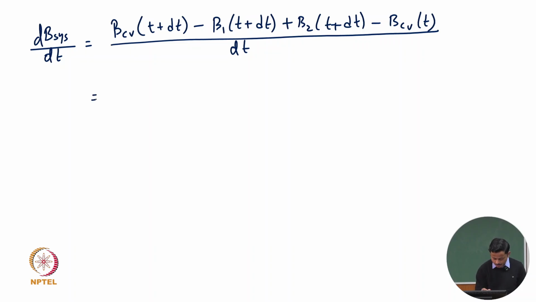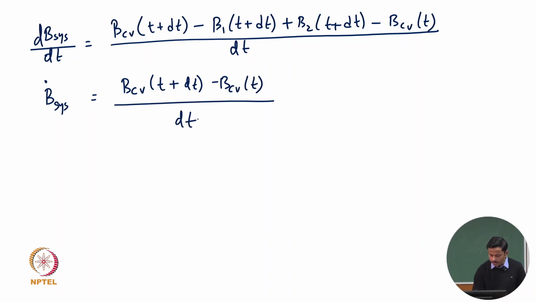So this can be rearranged. This is just a change in notation, nothing new here. B_CV, you can also keep it dB_system by dt, it's not a big deal. So minus B_CV at t, I am just rearranging.